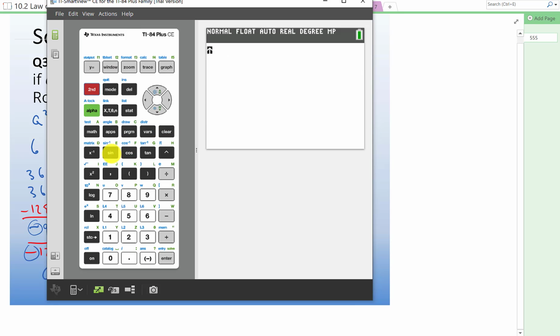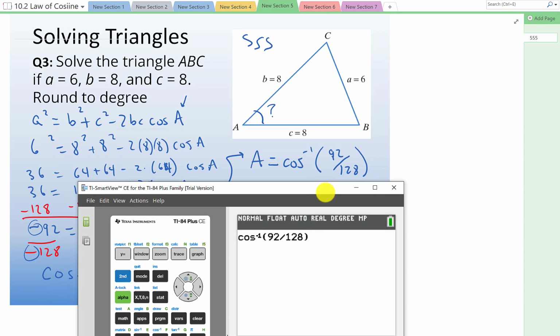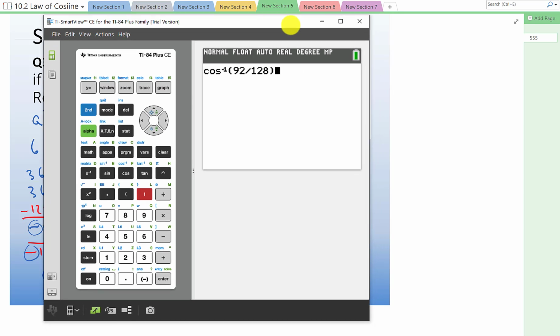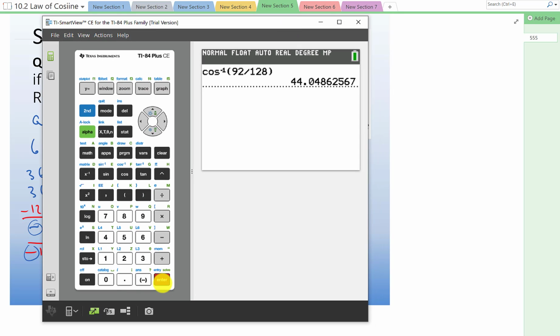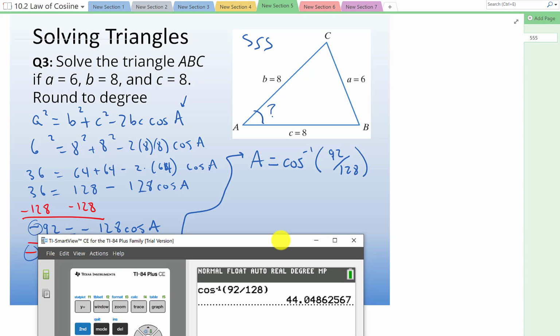Cosine inverse of 92 divided by 128. Close the parenthesis. Now I'm starting to wonder if I remembered those numbers right. Yeah, 92, 128, we're good. Let's enter that, and we get a 44-degree angle. Okay, so angle A is 44.